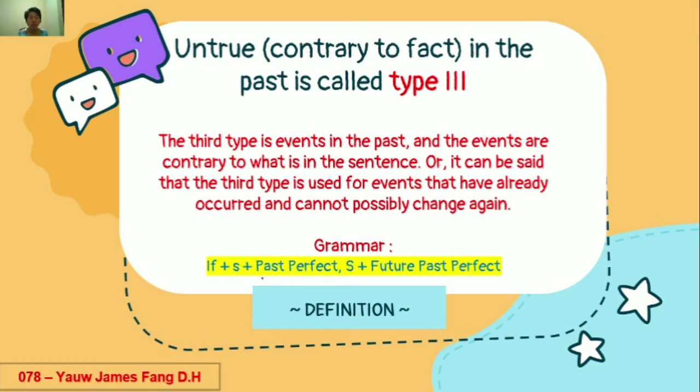The grammar of past perfect is had plus past participle or verb 3. And in the main clause, there is a future past perfect. The grammar of future past perfect is would or could plus have plus past participle or verb 3. Okay, that is the definition and the grammar of type 3.